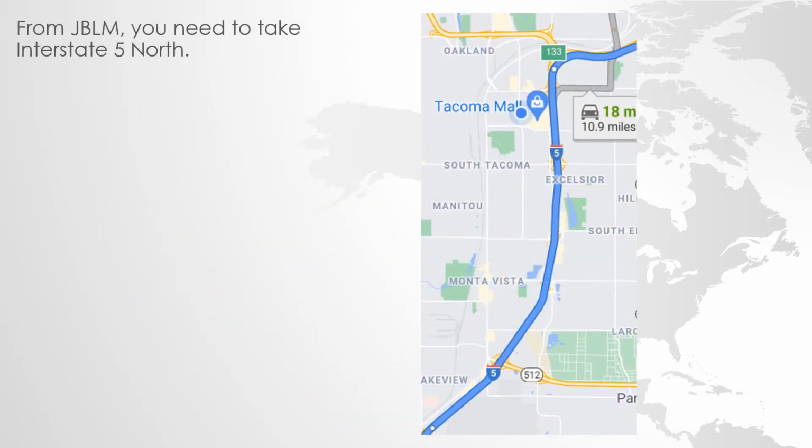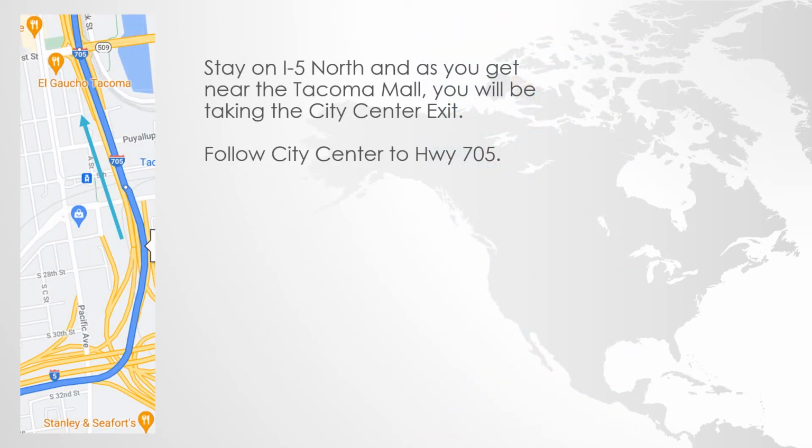From JBLM, you need to take Interstate 5 north. Stay on I-5 north, and as you get near the Tacoma Mall, you will be taking the City Center exit. Follow City Center to Highway 705.